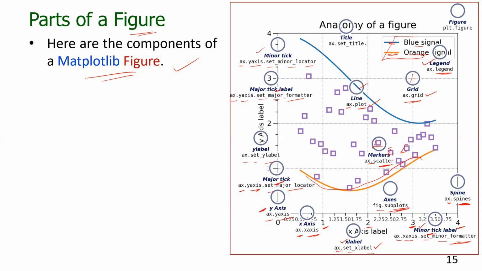Then if you want to define the title of our graph or figure, we can use the method ax.set_title. Then the figure: how to define the figure? plt.figure. So these are all the various components of a figure of the Matplotlib library. In our code we may frequently use some of these regularly, so you can remember this figure.